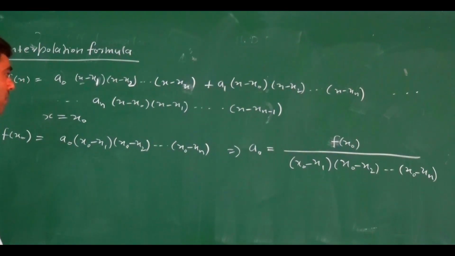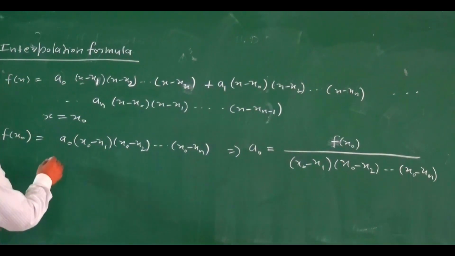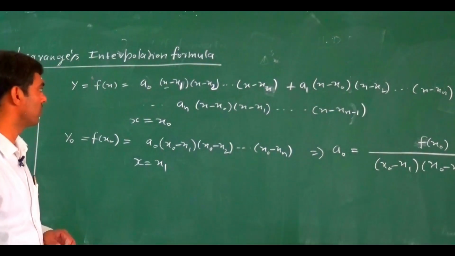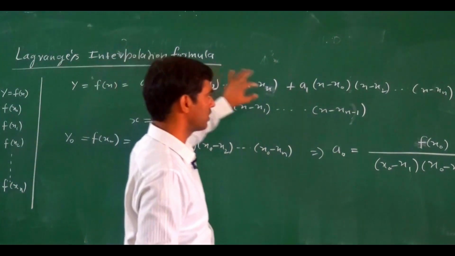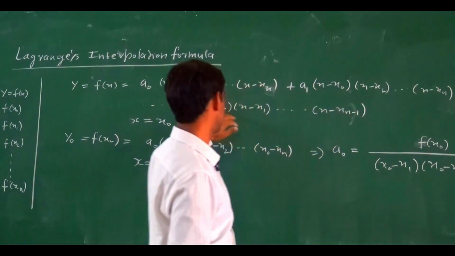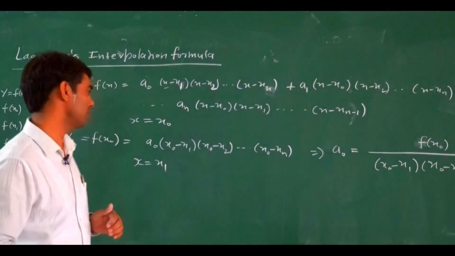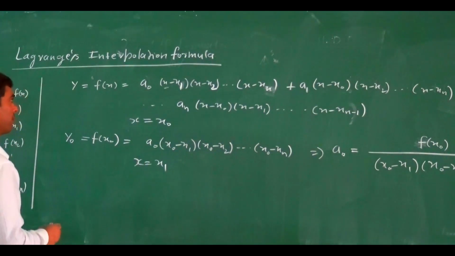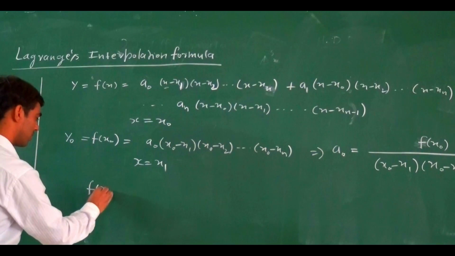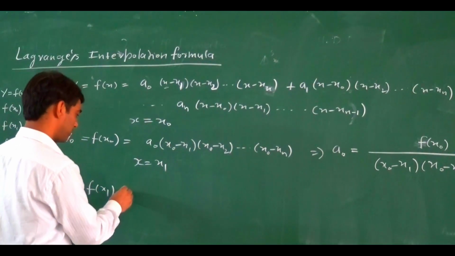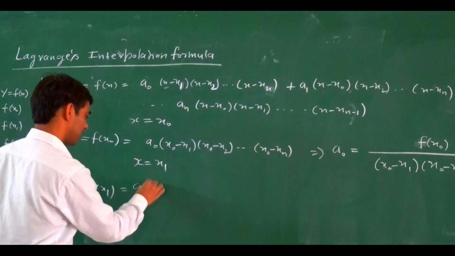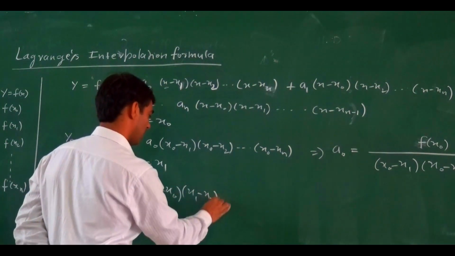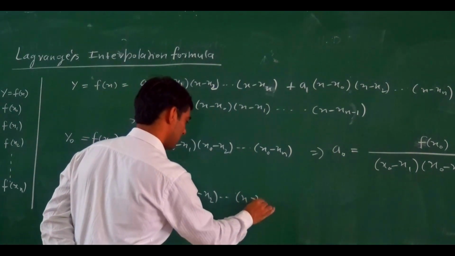Now similarly, we find the value by putting x equal to x1. Then the first term becomes 0, but the second term does not equal 0. The third term, fourth term and nth term also become 0. So if we put x equal to x1, then f of x1 equals a1 times x1 minus x0, x1 minus x2 up to x1 minus xn.